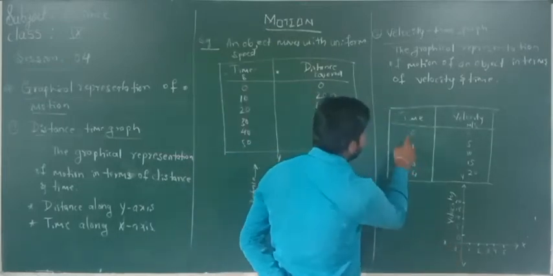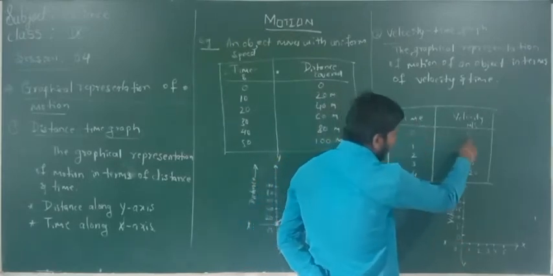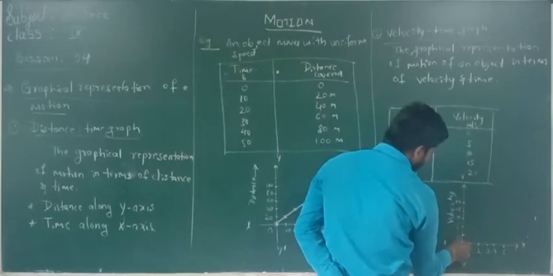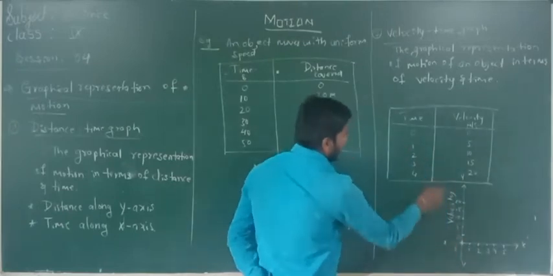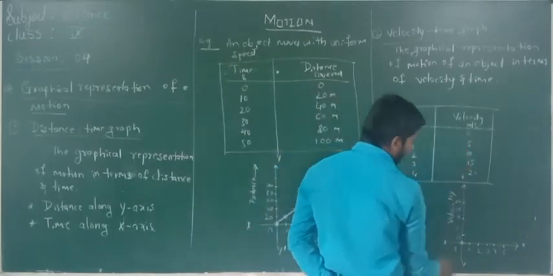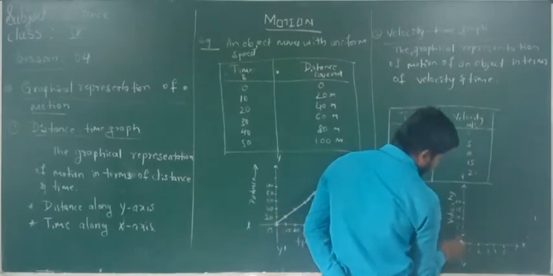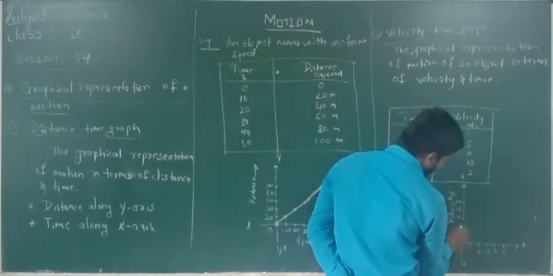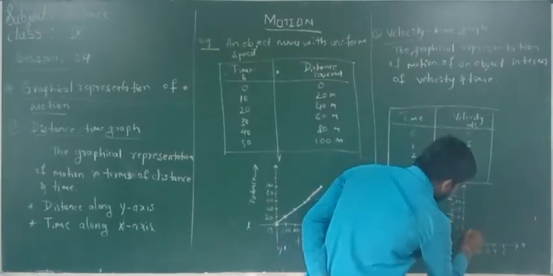Here at 0 seconds it has 0 meter per second velocity, therefore the car is here at 0. Next, after 1 second it attains 5 meter per second velocity.